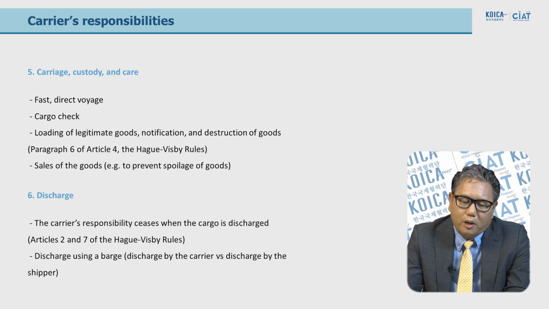Article 4, paragraph 6. Goods of an inflammable, explosive, or dangerous nature, to the shipment of which the carrier, master or agent of the carrier has not consented with knowledge of their nature and character, may at any time before discharge be landed at any place or destroyed or rendered innocuous by the carrier without compensation.